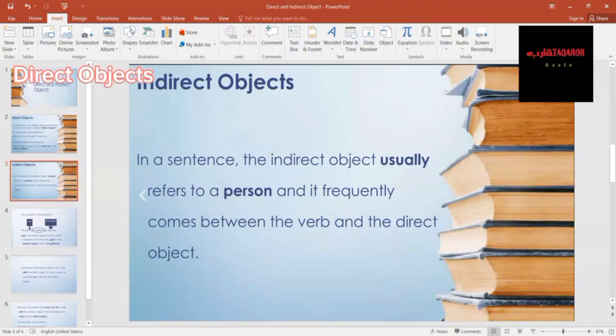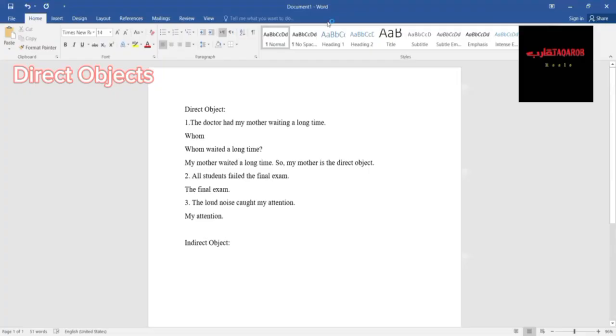Let's write our examples. The first one: Claire delivered her dad the box.